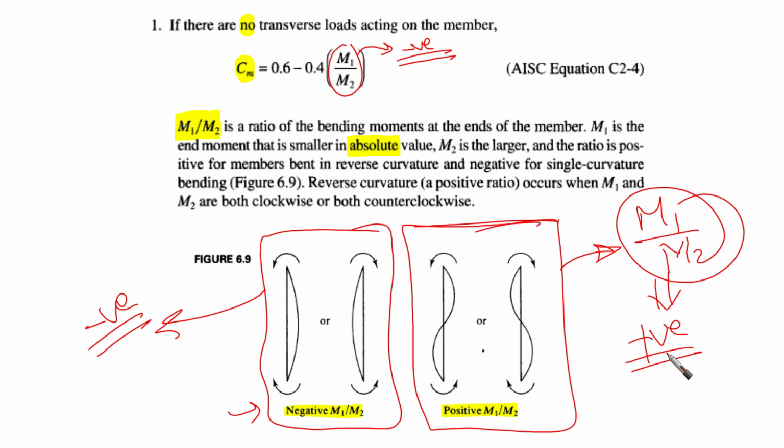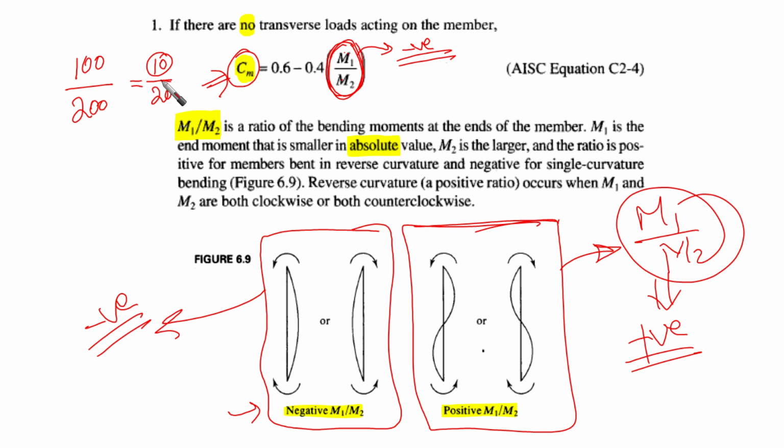So Cm is a function of not only the values of M1 and M2, but of the ratio between the two. The ratio is what is important, not the absolute value. So if M1 is 100 and M2 is 200, it is as if we were talking about 10 over 20.